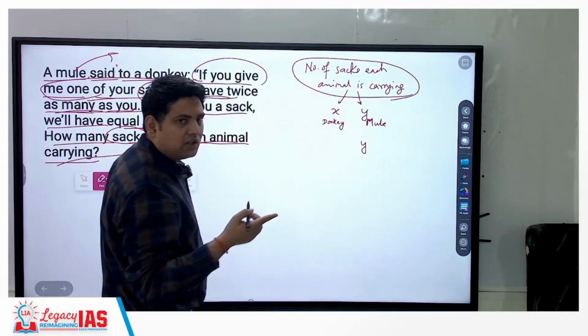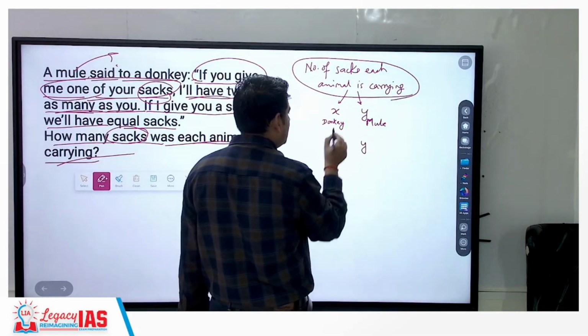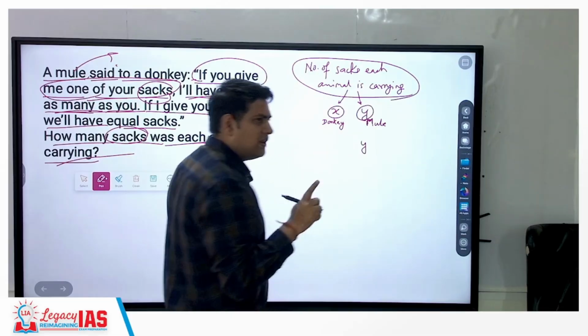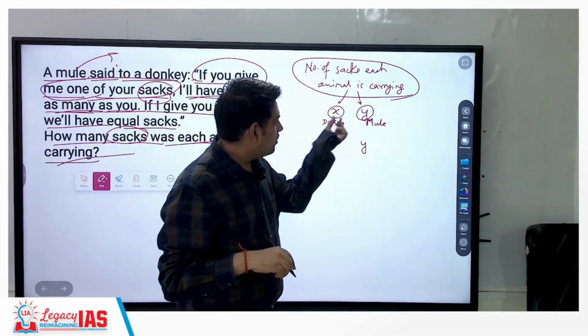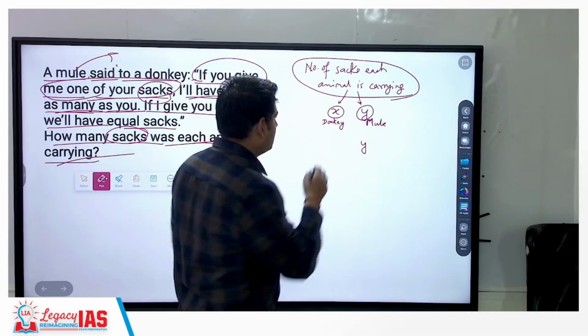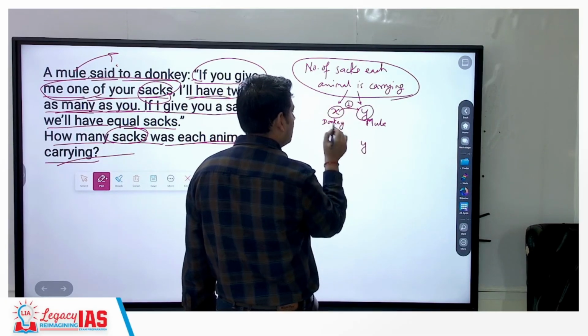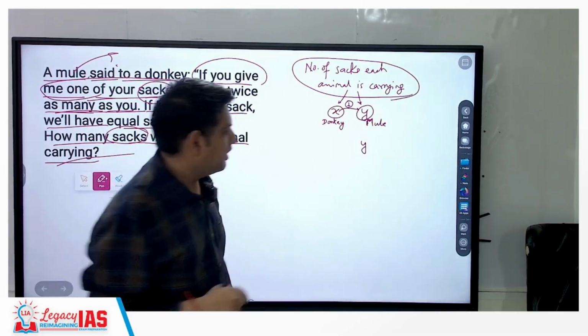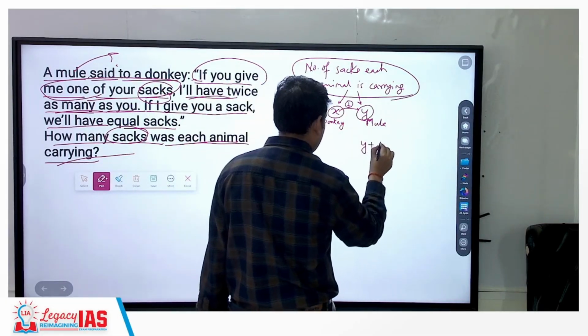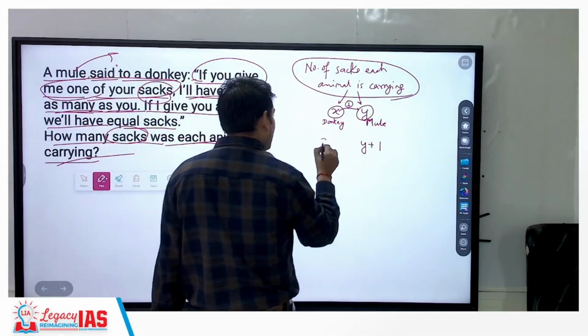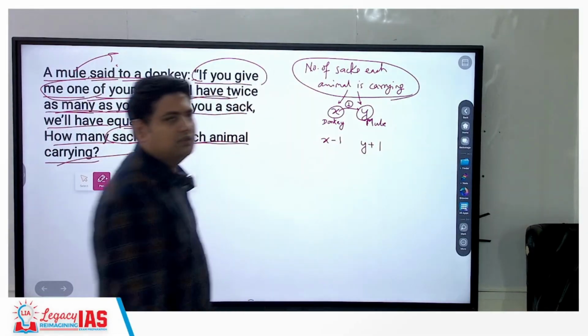So let's say the donkey was carrying X sacks, the mule was carrying Y sacks. Now if the donkey gives one of his sacks to the mule, Y will have one more sack, correct? And X will have one less sack, correct?